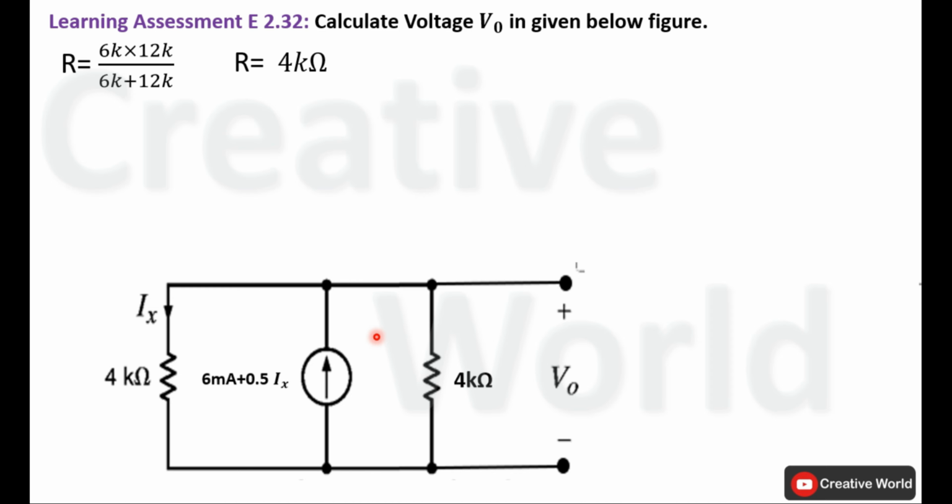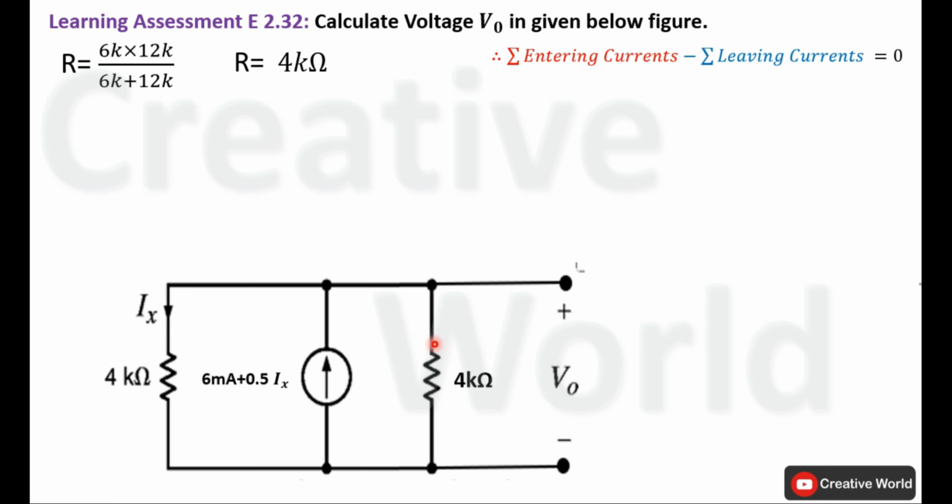We can implement Kirchhoff's current law on this circuit diagram. Kirchhoff's current law states that summation of all entering currents on a node inside a circuit is always equal to summation of all leaving currents. In this case, two currents are specified with their direction. Current of this current source is entering this node, while the current of this branch labeled as Ix is leaving this node.